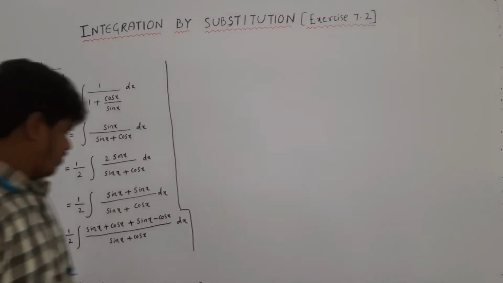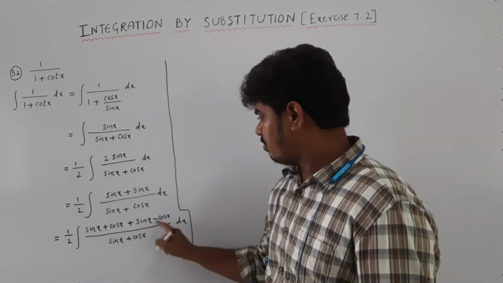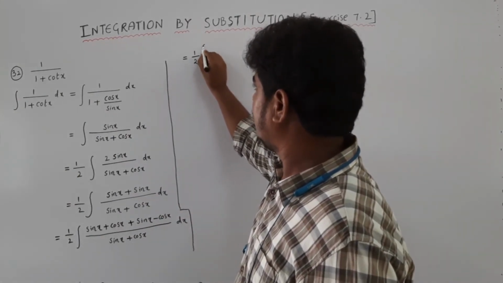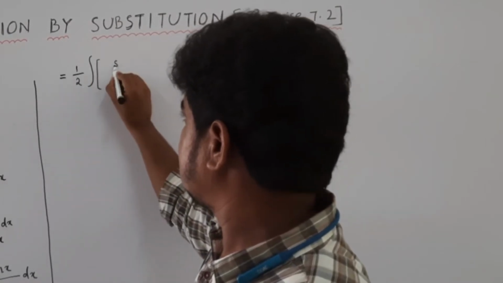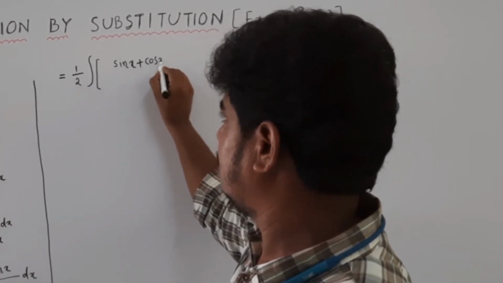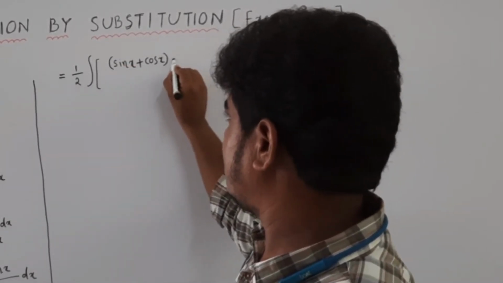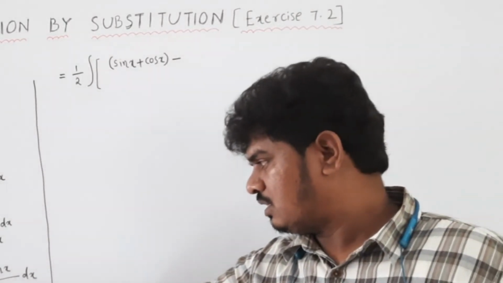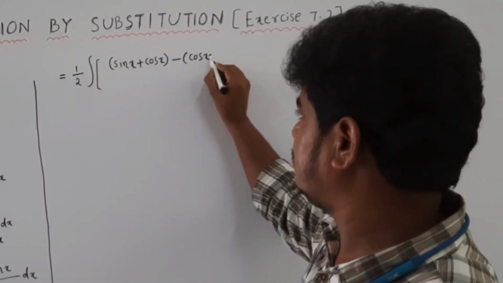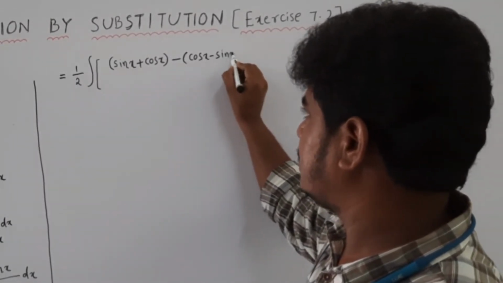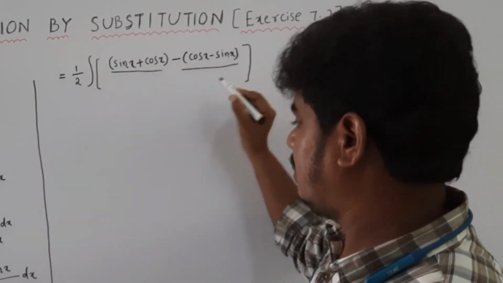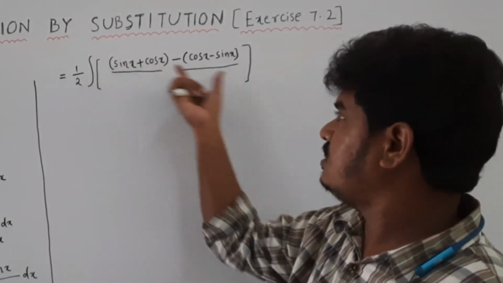Now I am going to take minus common from these two. So 1 by 2 into the integral of sin x plus cos x, let's take minus common from the third and fourth terms. What will we get? cos x minus sin x divided by, just take this sin x plus cos x under this separately.